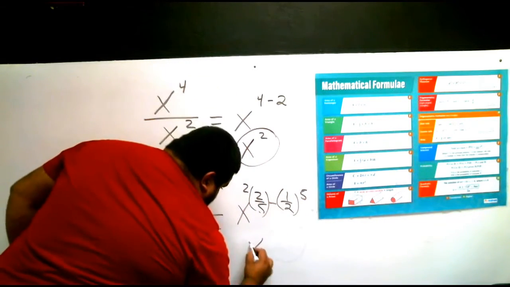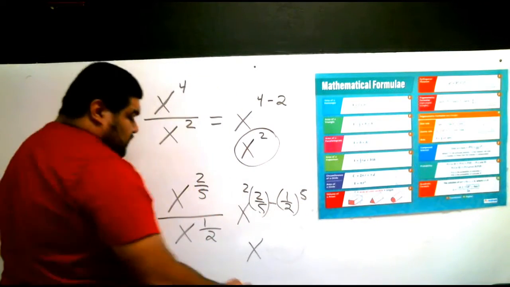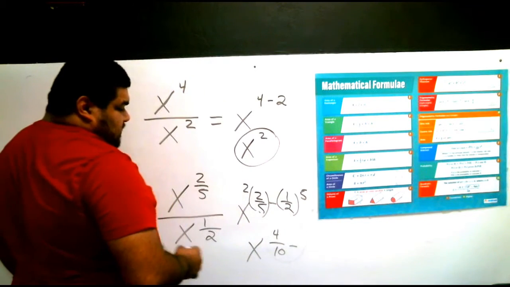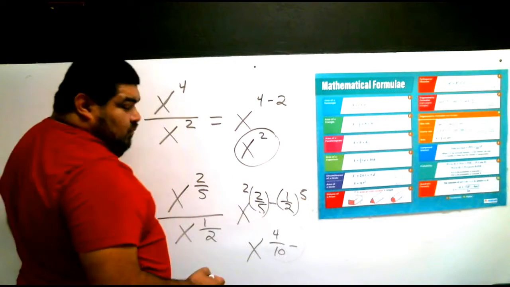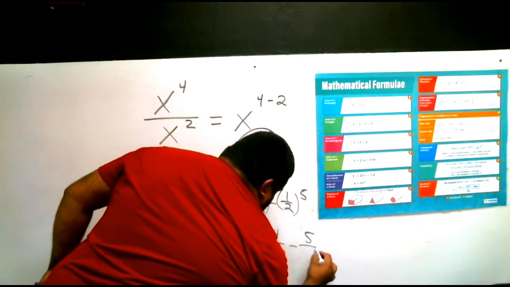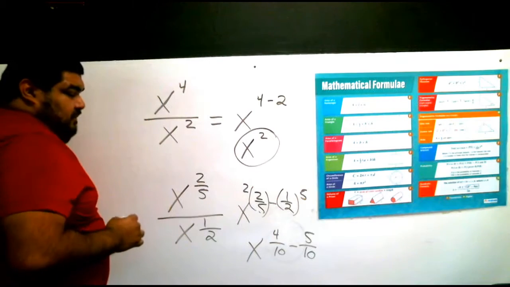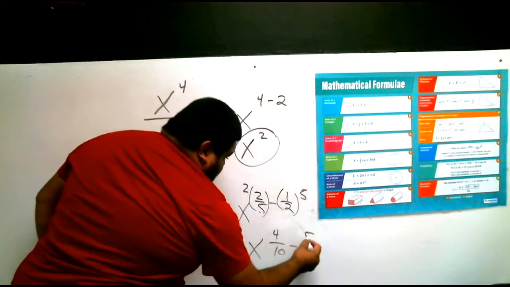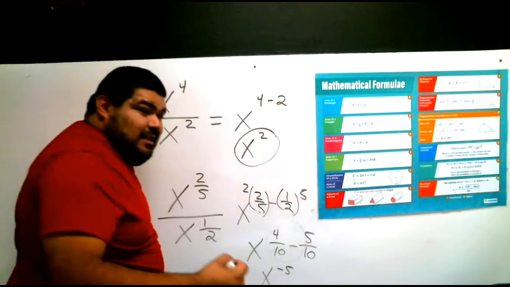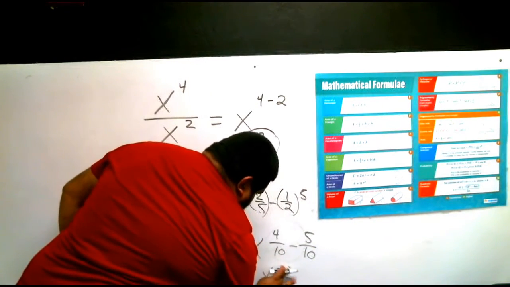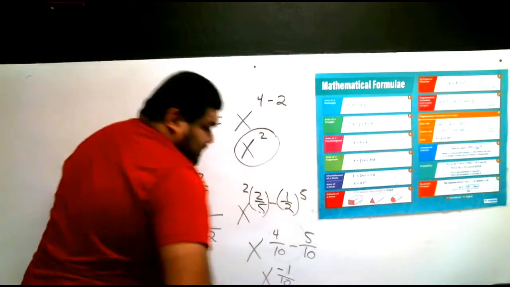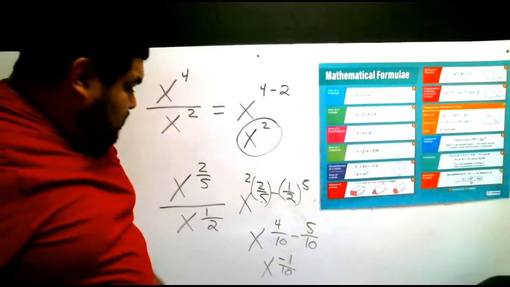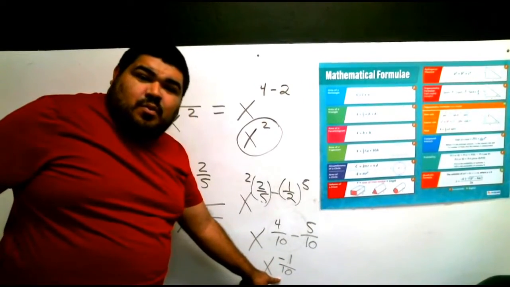So your answer is x to the 2 times 2 is 4 over 10 minus 5 times 1 is 5 over 10. So x to the 4 minus 5, which is negative 1, keeping the same denominator, 10. Notice that we have a negative 1 over 10.